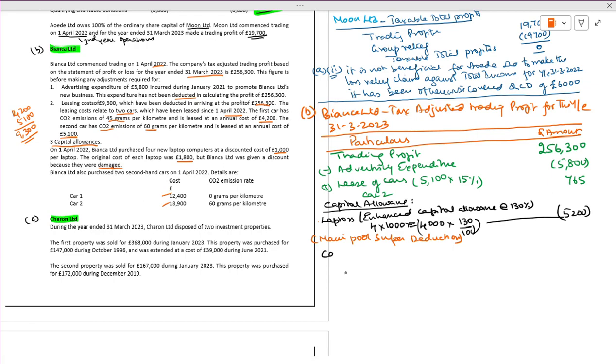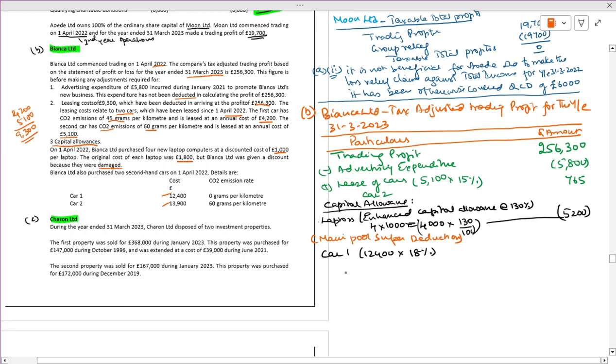Next, car 1. How much is car 1? 12,400. What is the carbon emission? 0 grams, which means 18%. 12,400 into 18% comes to 2,232.